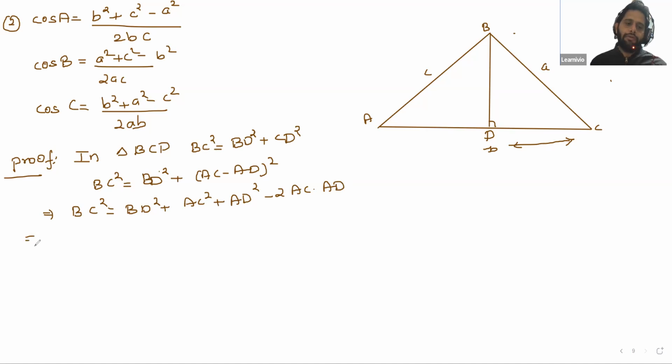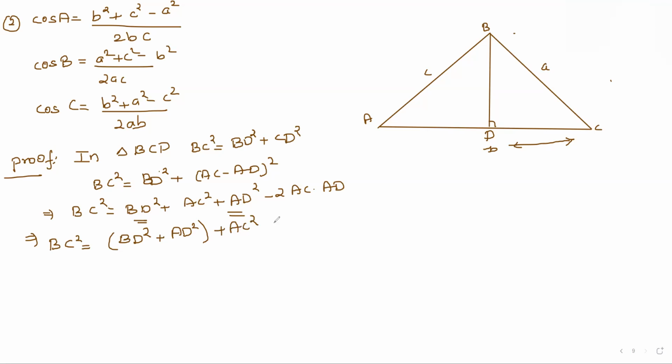Okay, now write like this: BC square is equal to BD square plus AD square, and AC square minus 2AC AD. We have just shifted the terms.